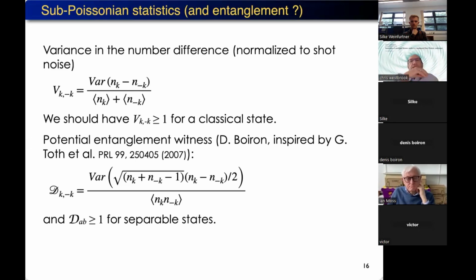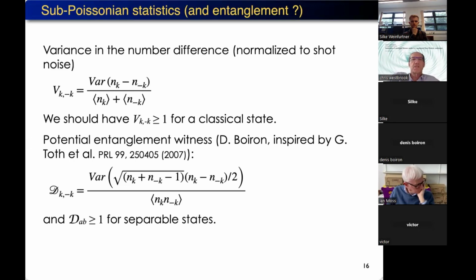And now we've discussed, well, I'm pretty sure this is a signature for a non-classical state. Whether it is really a signature for entanglement has been under some debate in our group, and I'm not sure we have a perfectly clear answer to that.